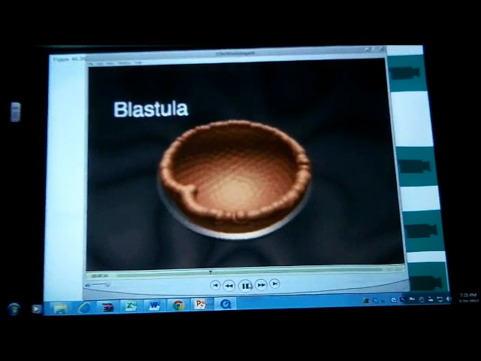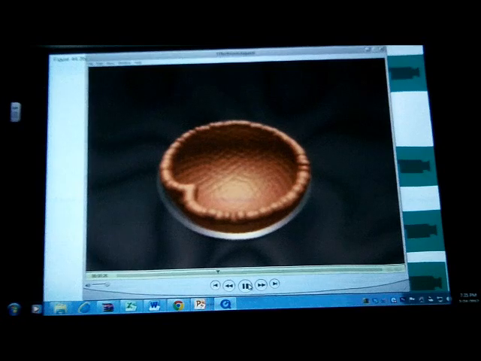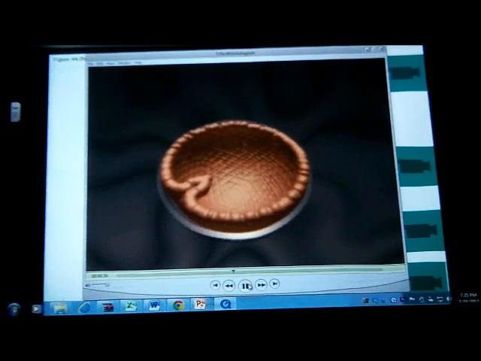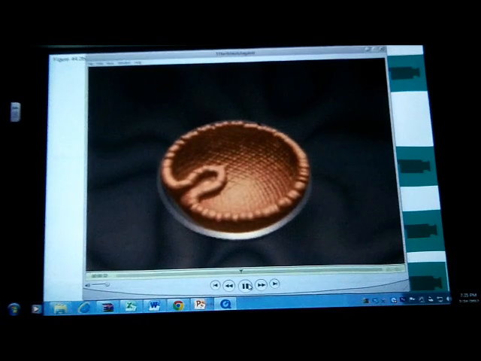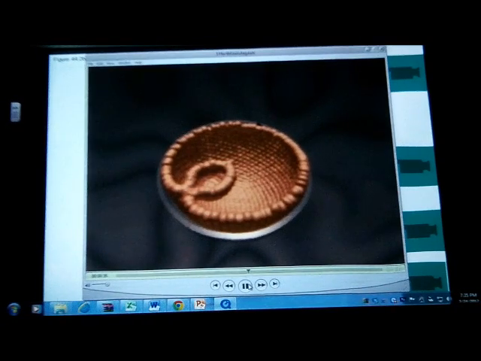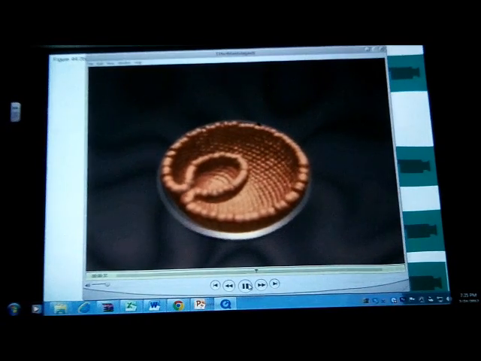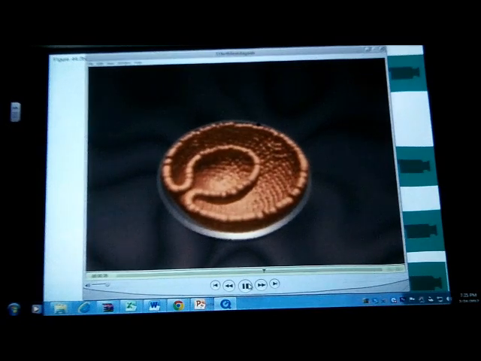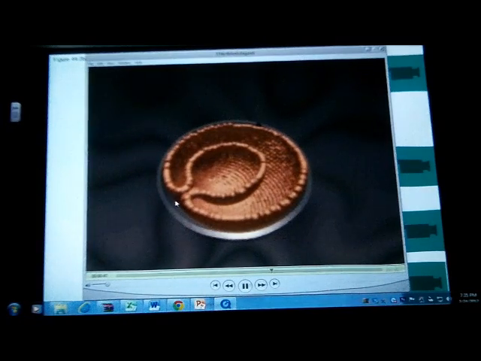As the embryo continues to grow, some of the cells of the blastula fold inward, forming the gastrula. All animal embryos, except sponges, pass through this gastrula stage. This opening becomes the mouth in protostomes, such as worms and insects, or the anus in deuterostomes, such as birds and mammals.